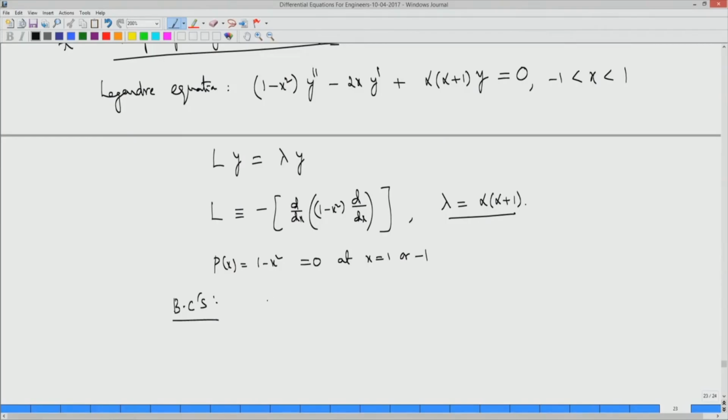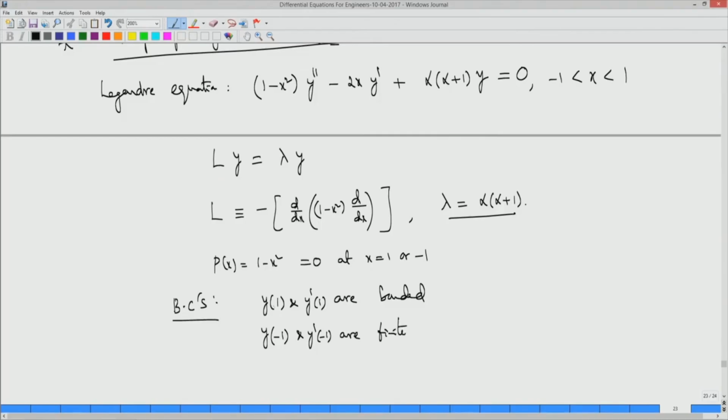The boundary conditions should be that y at 1 and y dash at 1 are bounded, they are finite. Similarly, y at minus 1 and y dash at minus 1 are finite.